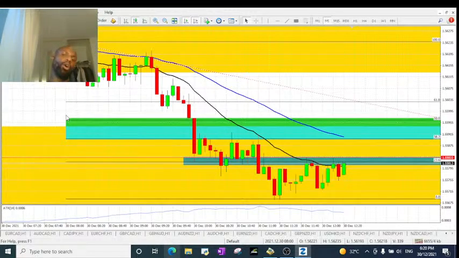So this is why you always map out your zones, guys. If you hit a higher time frame zone, it is better not to take trades around the higher time frame zones.